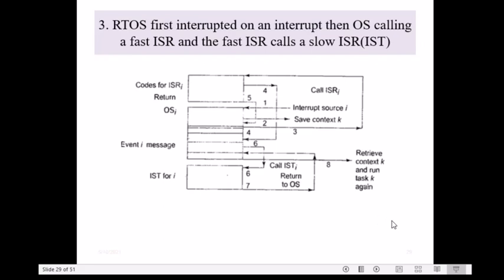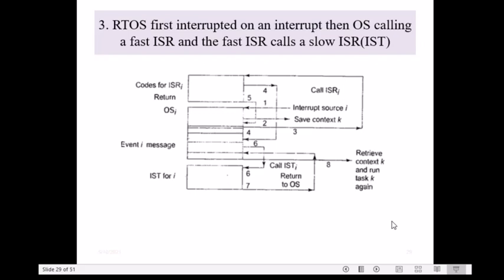So here in the third method, there are two levels of interrupt service routines. The first one is ISR and the second one is IST. ISR is just a very high priority procedure which initiates the ISTs. After the execution of the ISR, the control goes to the OS.